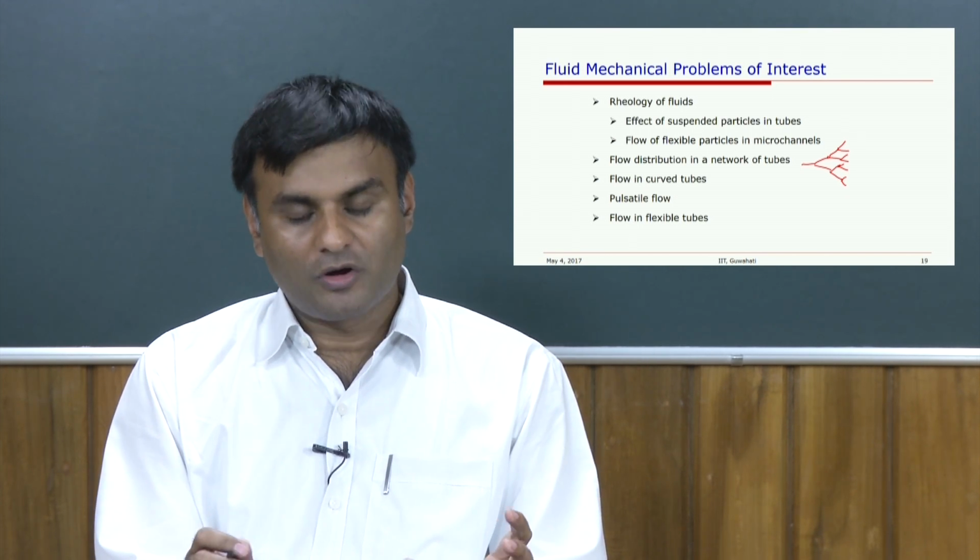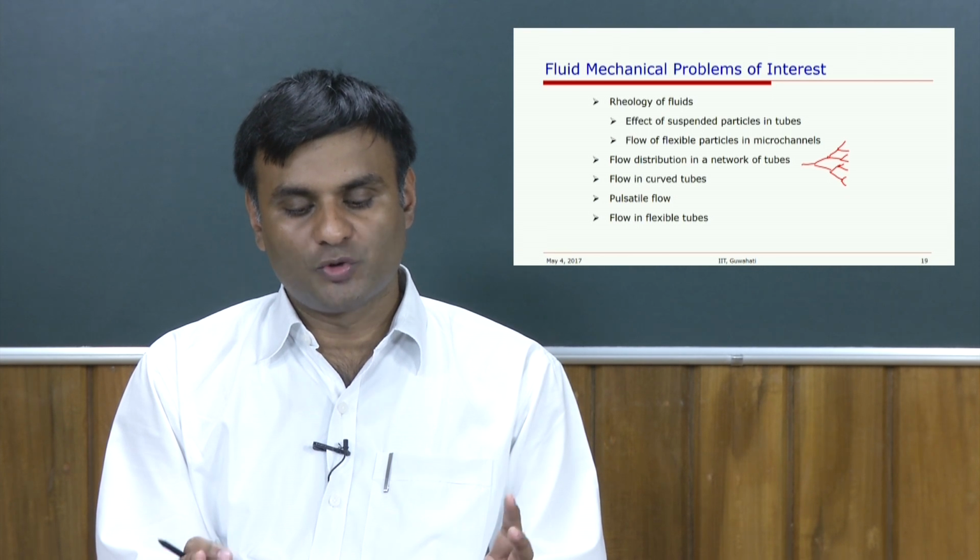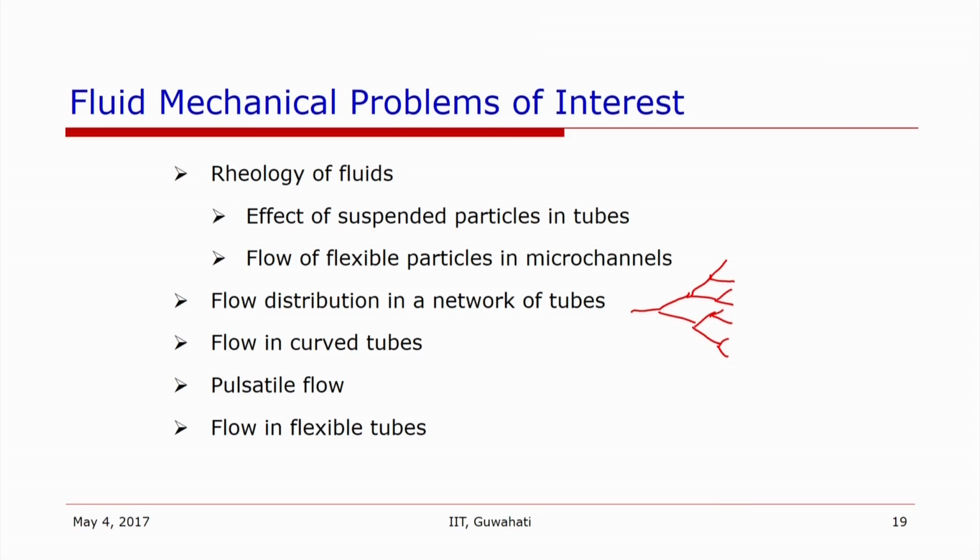Then most of these tubes are curved in nature. So the flow in curved tubes, the flow is always pulsatile. So we need to understand the pulsatile flow, and flow in flexible tubes.